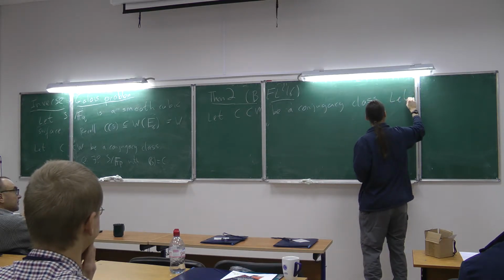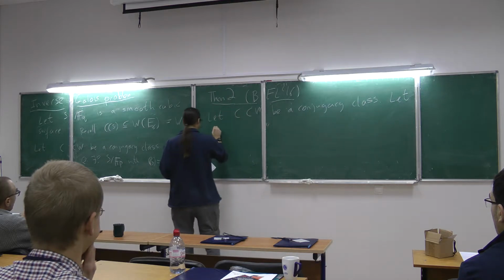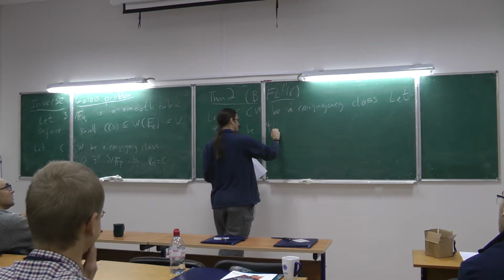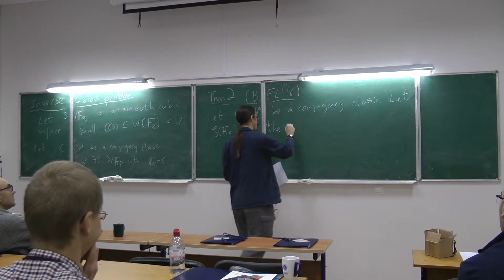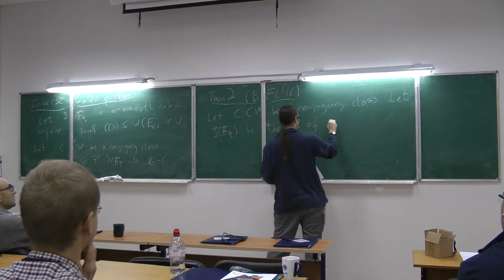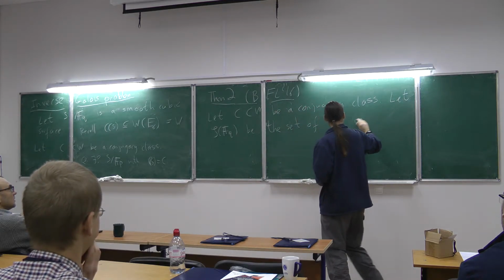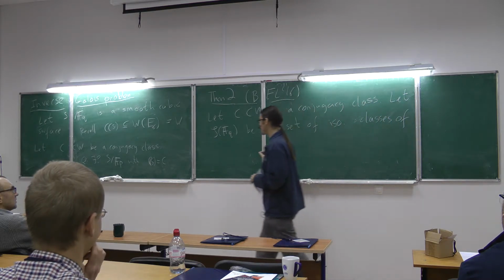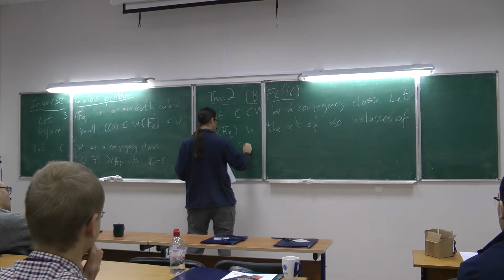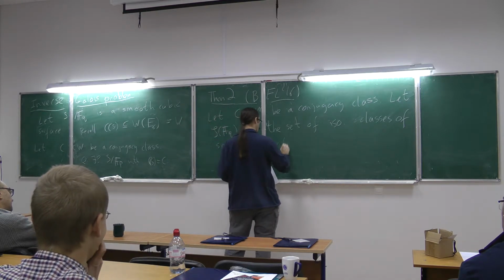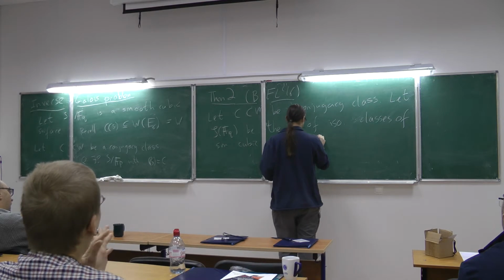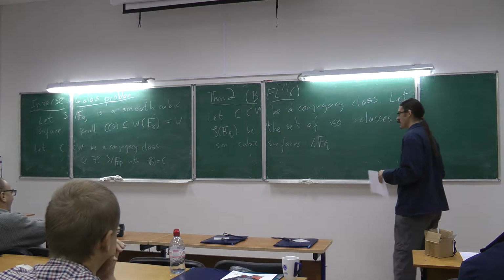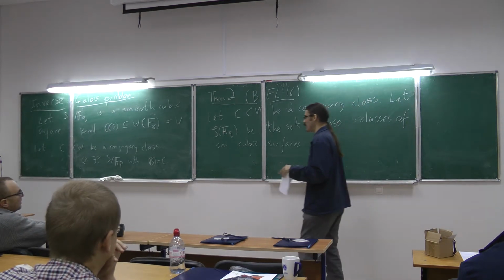And I'm going to let script S(F_q) be, so taking a very naive viewpoint, it's just a set of isomorphism classes of smooth cubic surfaces. So at the moment, we're not doing anything fancy with moduli spaces. I'm just looking at a set of isomorphism classes. There's only finitely many of them.